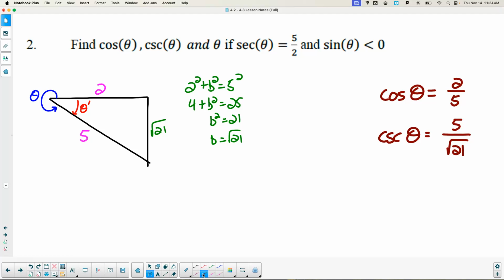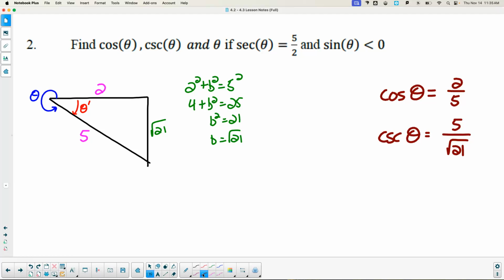Does anybody not agree with that? We can have a square root at the bottom, we're not on a unit circle. Those are 100% the right numbers.